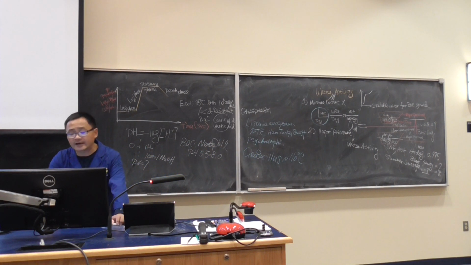Based on the water activity, the bacteria can be categorized into different categories. Very simple: halophiles. If they grow optimally at more than 0.2 molar salt concentration, we call them halophiles. If they can grow at more than 2 molar, we call them extreme halophiles.